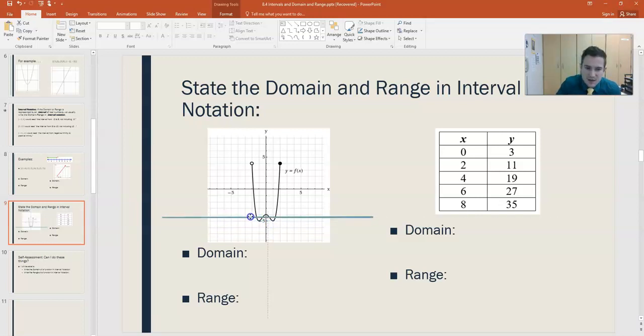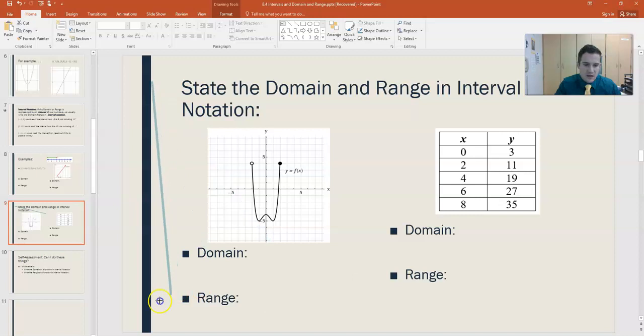And right here, I'm touching the graph in like 4 different places, but I'm still touching the graph. Keep bringing it up. Right here, I'm touching the graph in 2 different places, and the range ends right there. It's going through this hole, so it's not touching the graph there, but it is touching the graph in this solid dot here at 4. So I went from -5 to +4, and as I keep going up, I'm not touching the graph anymore.